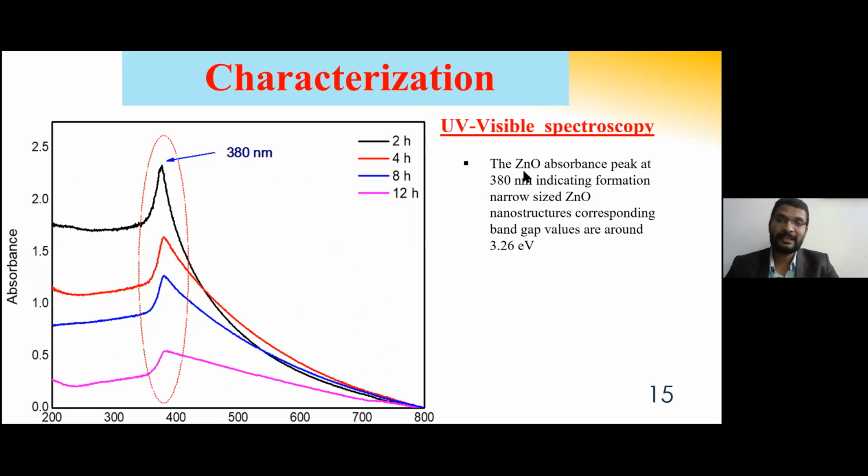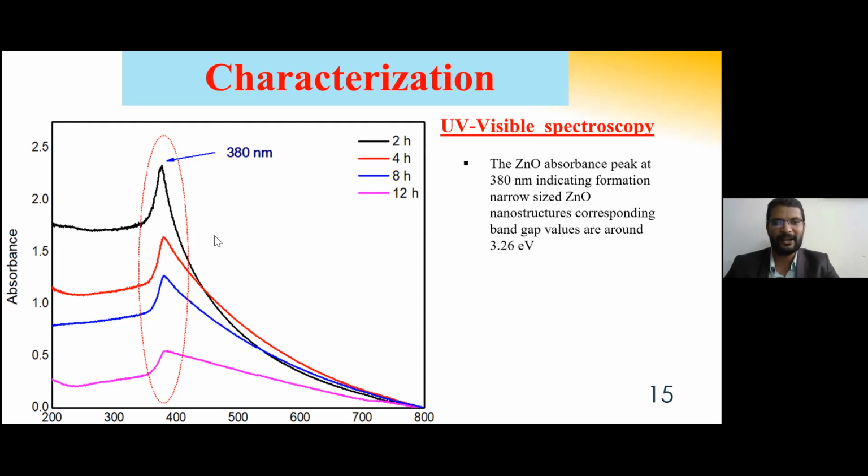That is also analyzed with UV-visible spectroscopy. The UV shows an absorption peak at 380 nanometers, indicating formation of nano size zinc oxide nanomaterial, because here I get a sharp absorption peak at 380 nanometers, which indicates narrow size zinc oxide nanomaterial is synthesized. With increase in the reaction time, the absorption peak gradually decreases.